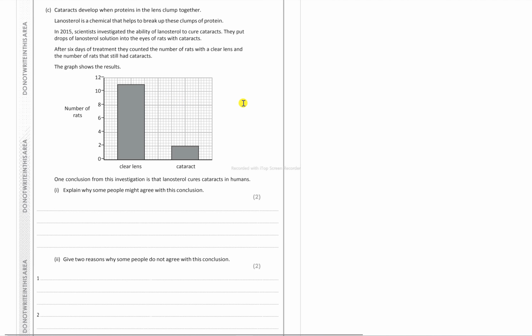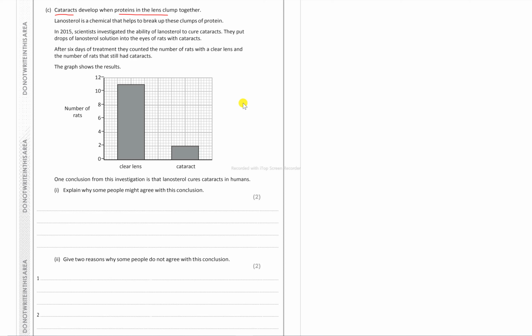Right, okay. Cataracts develop when proteins in the lens lump together. Lanosterol is a chemical that helps break up these clumps of protein.